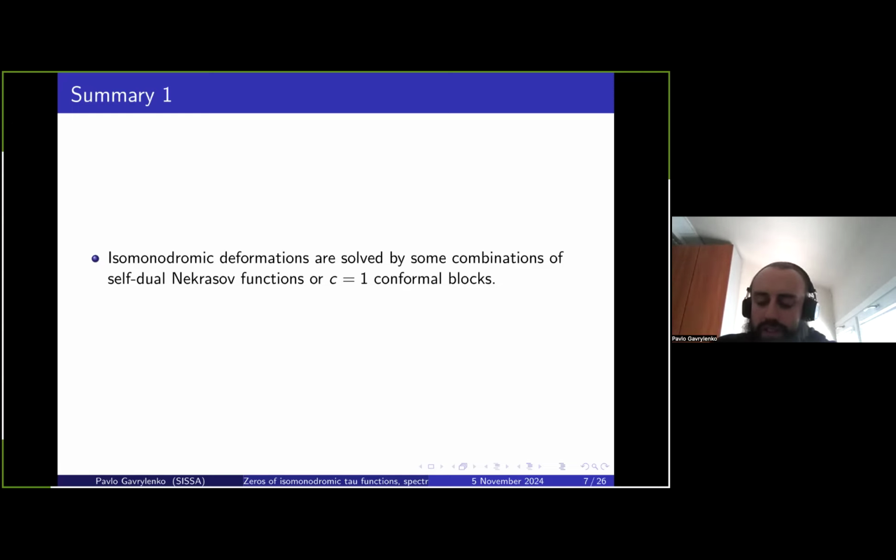And there are several different proofs of this statement, more physical or more mathematical ones. So I think everyone can find the one which is more understandable. Are there any questions about this?